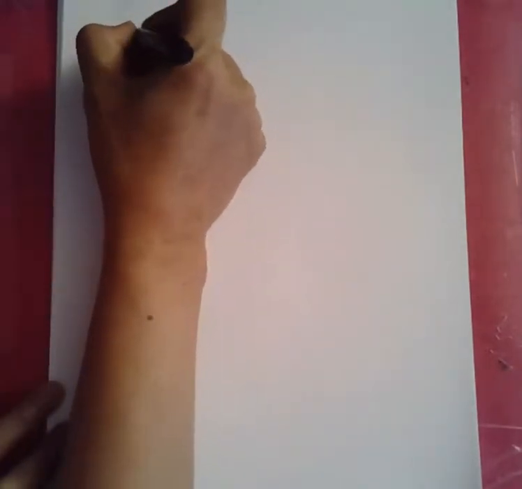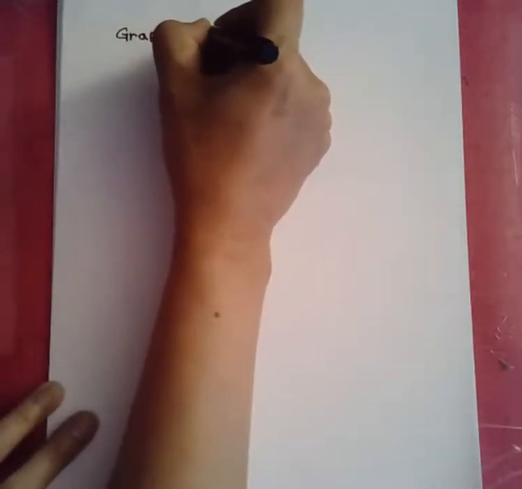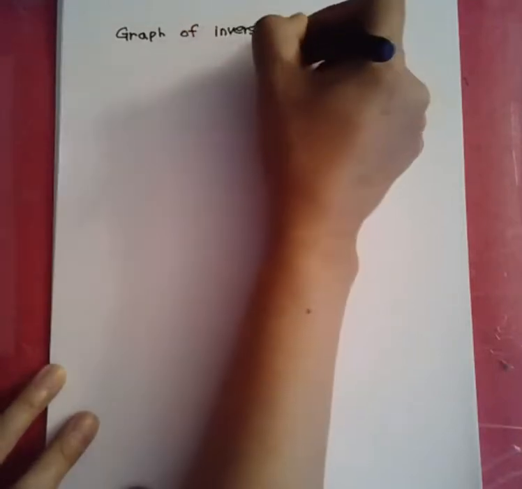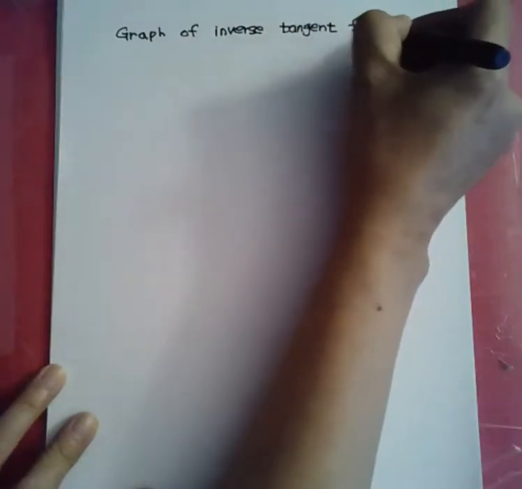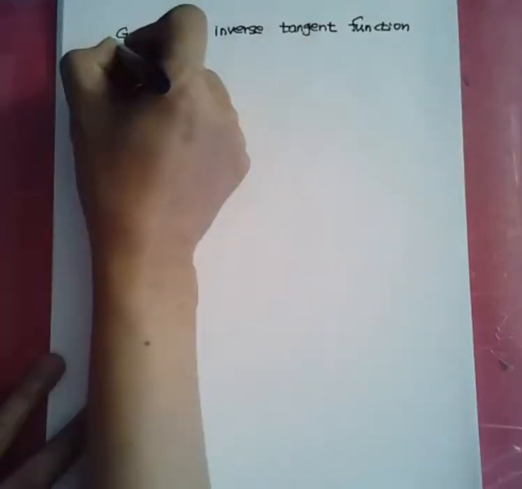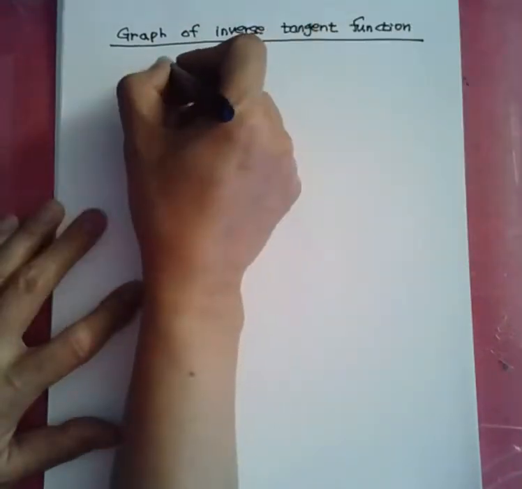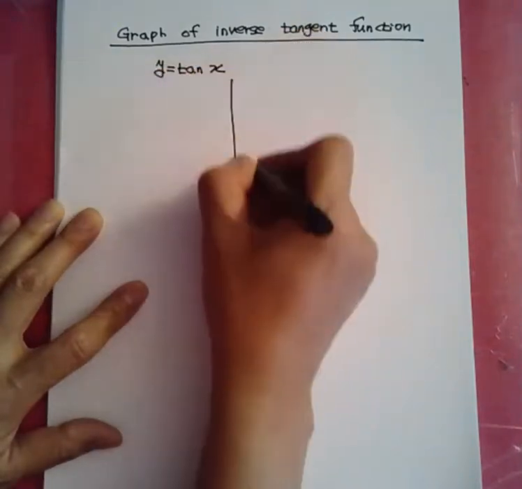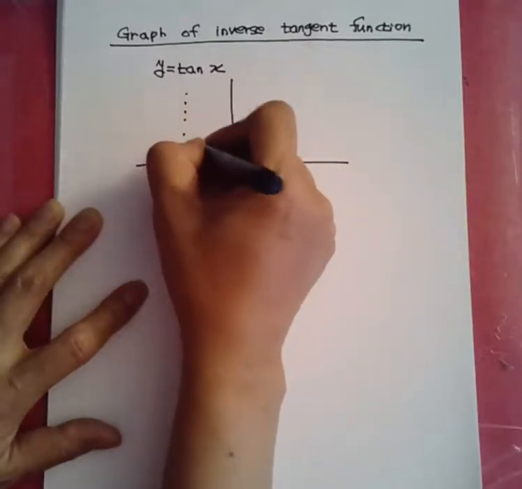Before we graph the inverse tangent function, we want to do some observation. We will consider the tangent function from minus pi over 2 to pi over 2.